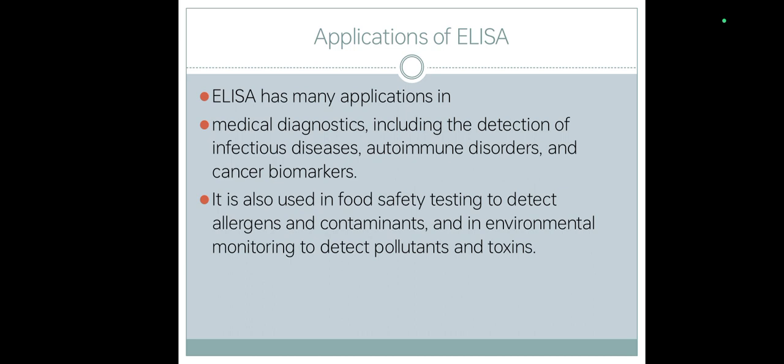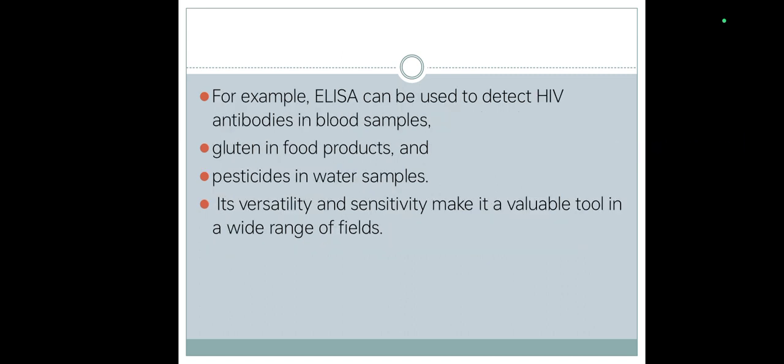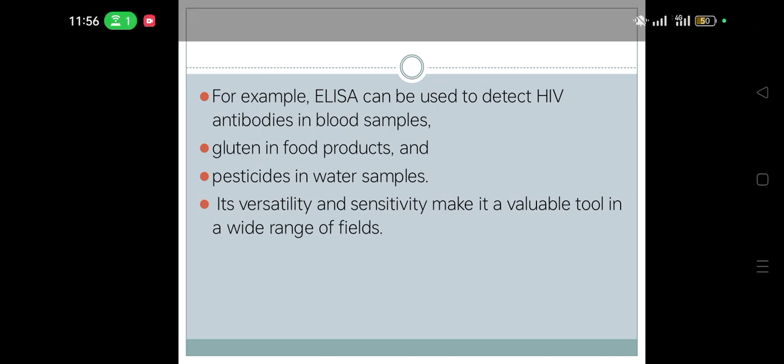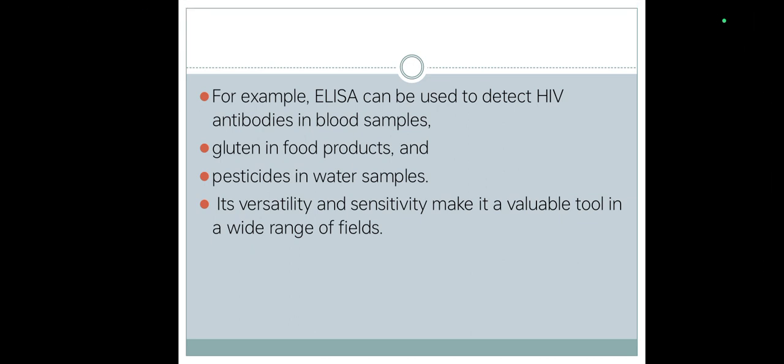It is also used in food safety testing to detect allergens and contaminants, and in environmental monitoring to detect pollutants and toxins. For example, ELISA can be used to detect HIV antibodies in blood samples, gluten in food products, and pesticides in water samples. Its versatility and sensitivity make it a valuable tool in a wide range of fields.